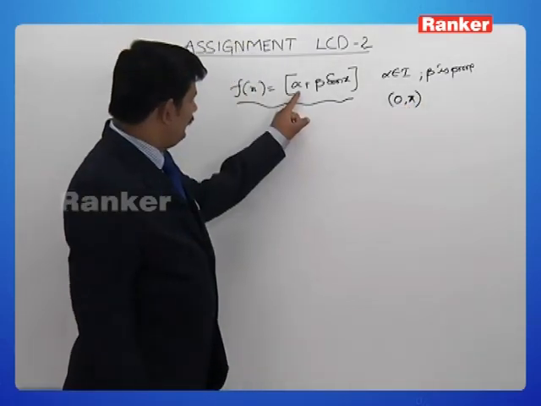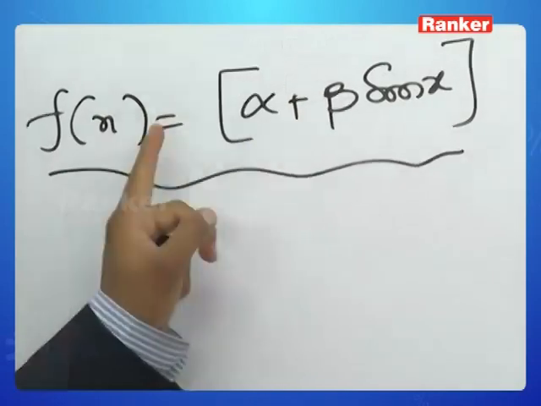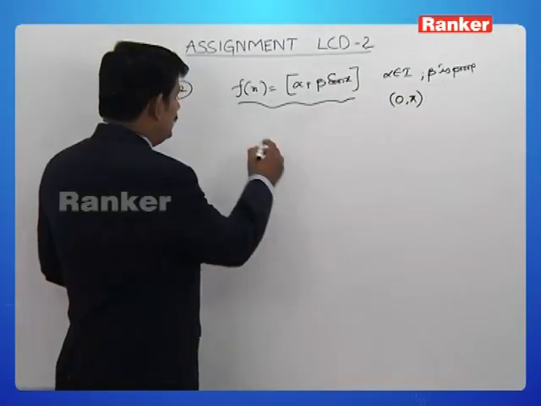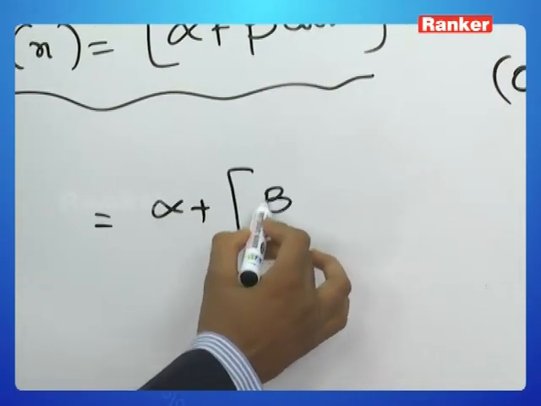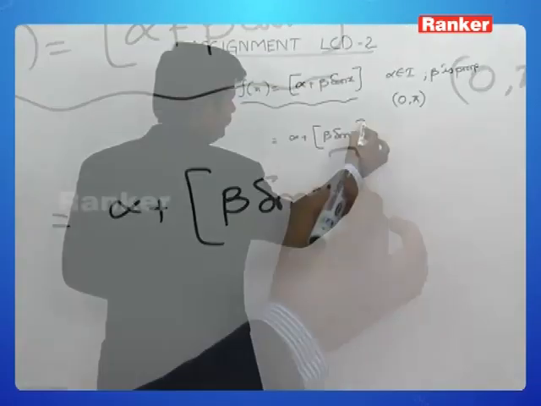Now, because alpha is an integer, we can bring it out of the integral part. f of x can be written as alpha plus the greatest integer function of beta sin x.